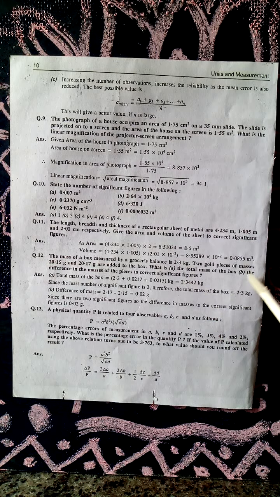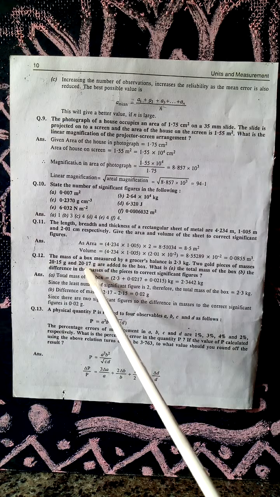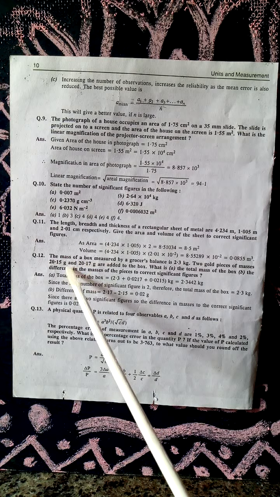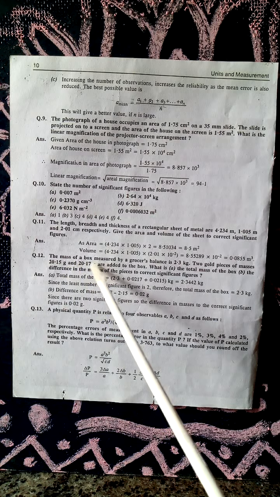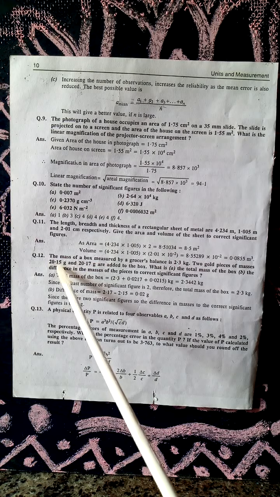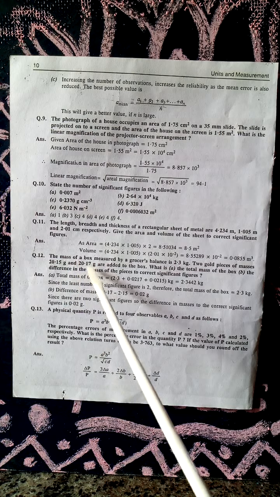Next, part B of the question is the difference in the masses. So here no need to convert, just see which is the higher value, 20.17, here 20.15. This is in gram, and this is also in gram. Just the difference of these two, 20.17 minus 20.15, you'll get 0.02 grams.